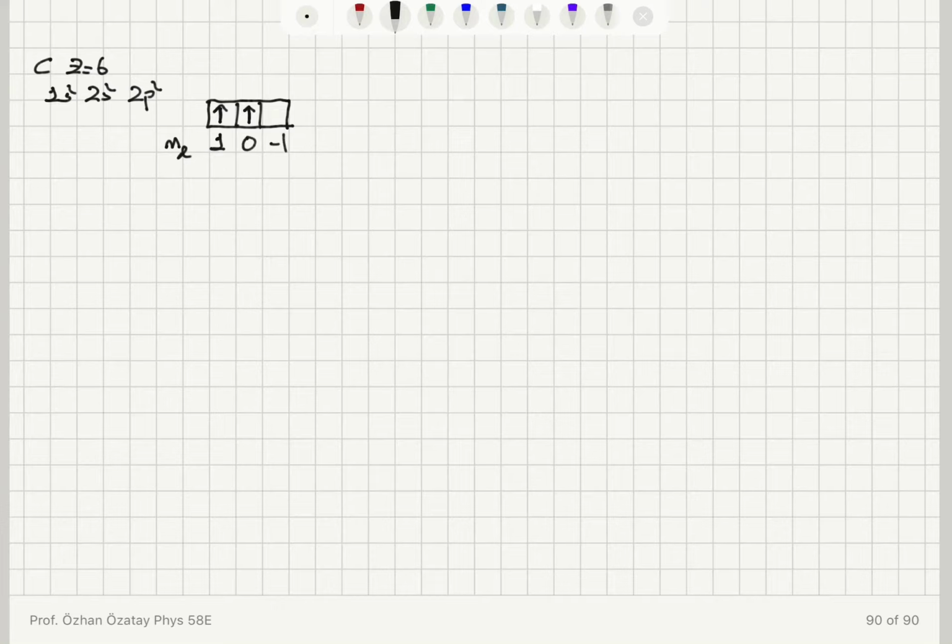So 1, 0, minus 1. So total m sub capital L will be 1 plus 0, that is 1. And the corresponding L value will be equal to 1, so that we could have 0 or 1. And the total spin is 1/2 times 2. It is 1. It is maximized. L is maximized.